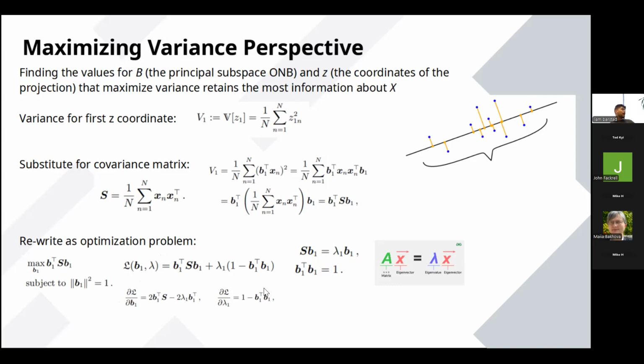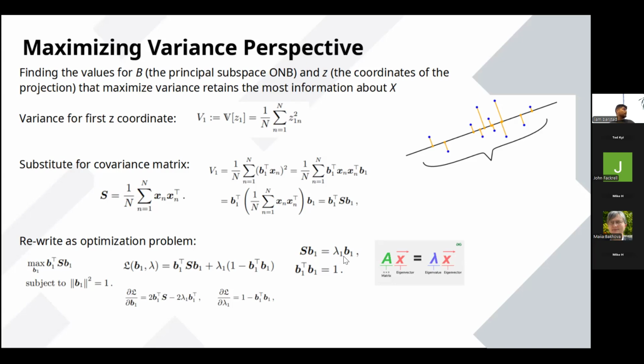Basically, because we're taking the partial derivative, we can set each partial derivative equal to 0 to find the inflection point, or the local maxima where the function stops changing. So when we do that, we're left with this equation.